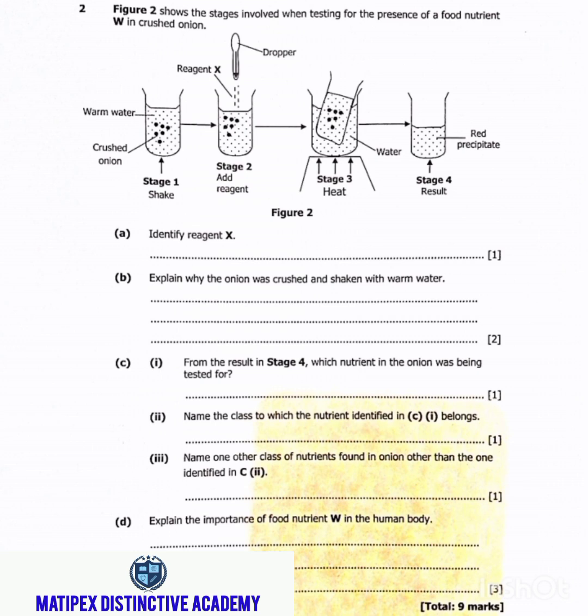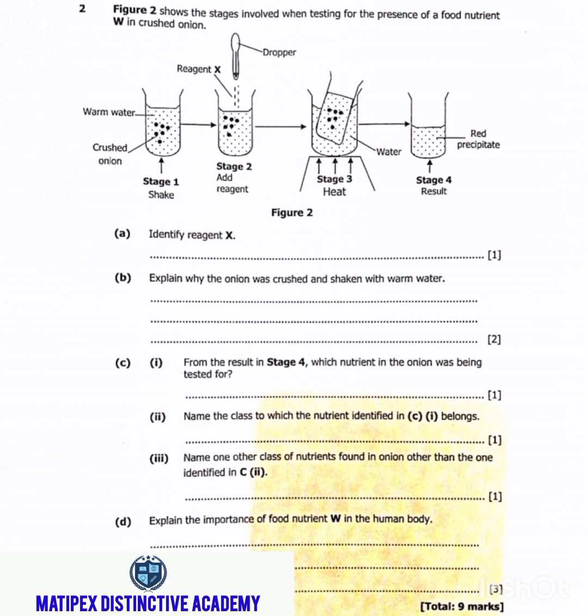So how are you supposed to answer or write this one? You say the onion was crushed to disrupt or break the cell structure, releasing sugar. Then it was shaken with warm water to extract the sugars from the onion, making them available for the process of testing.